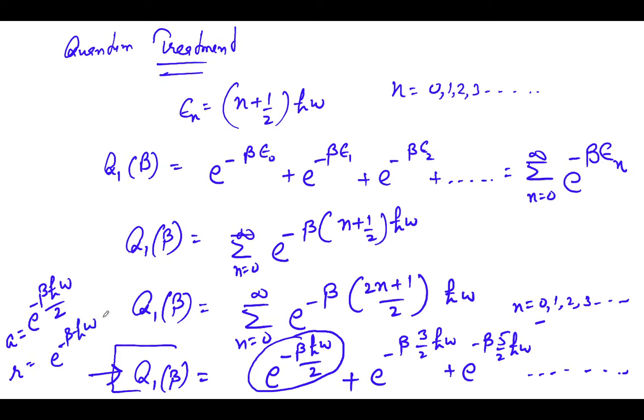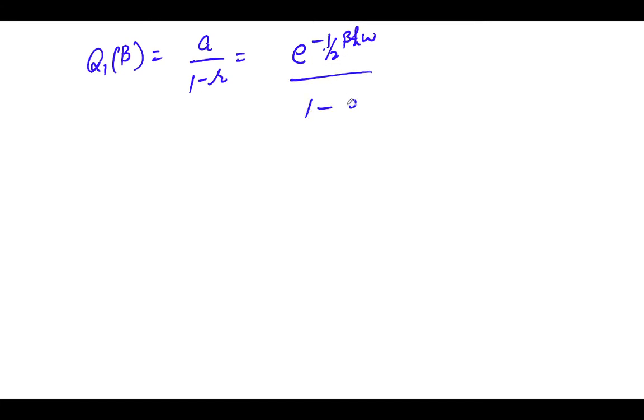So rewriting this equation in the form of a GP series, the partition function we can write as a over 1 minus r. Putting the value of a, that is exponential of minus 1 by 2 beta h bar omega, over 1 minus r, where r is exponential of minus beta h bar omega.